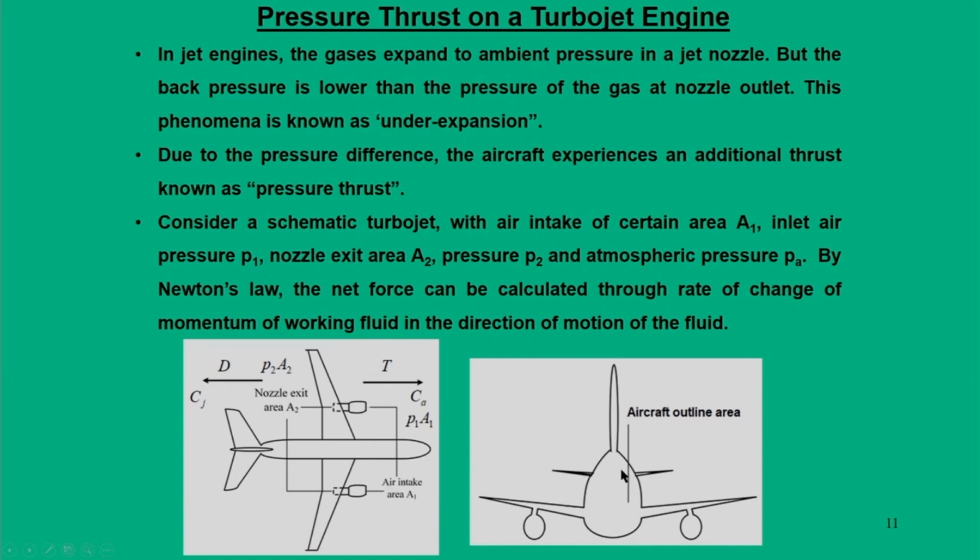Although the aircraft has a big enclosure area, for our thrust calculations it is taken as some outline area, decided at the location where the engine is. And from this we can use Newton's law, which says that net force is the rate of change of momentum of the working fluid in the direction of motion of the fluid.